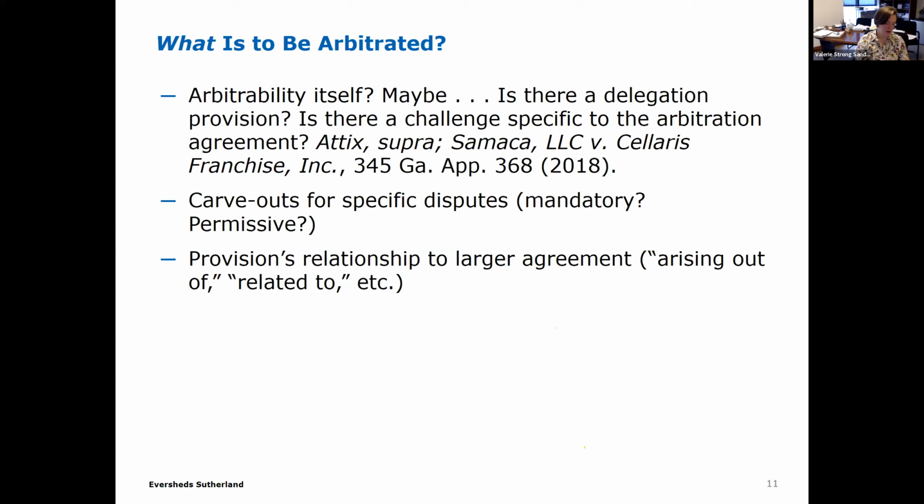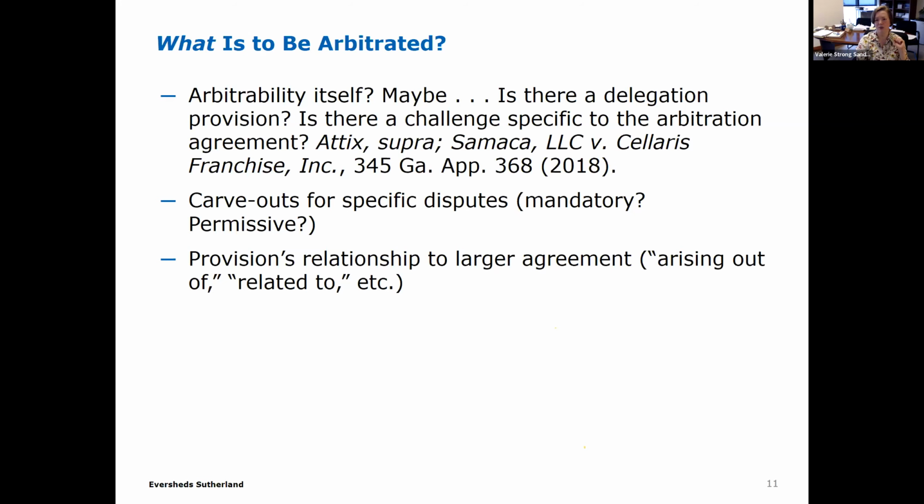The next thing you look for, because, right, if I'm the plaintiff here, I may say, okay, yeah, but my whole point is we shouldn't be in arbitration. So why this whole agreement shouldn't be enforced, and therefore the arbitrator shouldn't be deciding anything, much less whether he or she should be going any farther. So then the question becomes, is there a challenge by the plaintiff specific to the arbitration agreement?